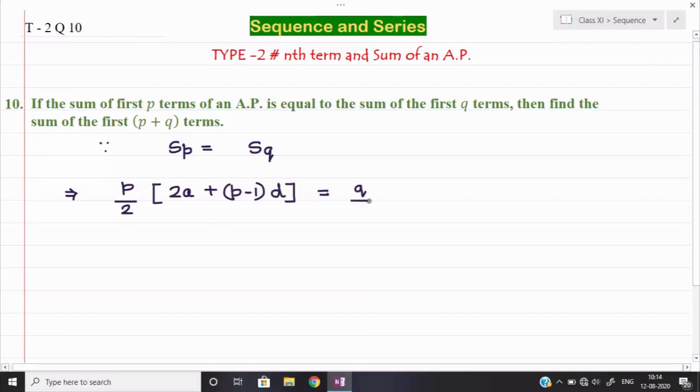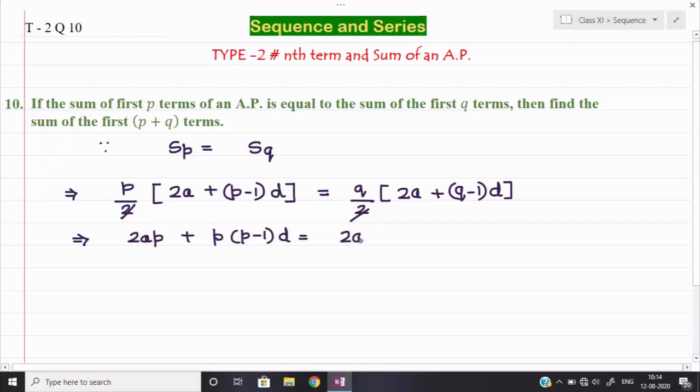This is equal to q upon 2 into the bracket 2a plus (q minus 1) into d. Here value of n will be q. Now 2 and 2 we can cancel, that is common. So common terms always can be cancelled on either side of the equation. p I am multiplying inside. So 2ap plus p into the bracket (p minus 1) into d is equal to 2aq plus q into the bracket (q minus 1) into d.